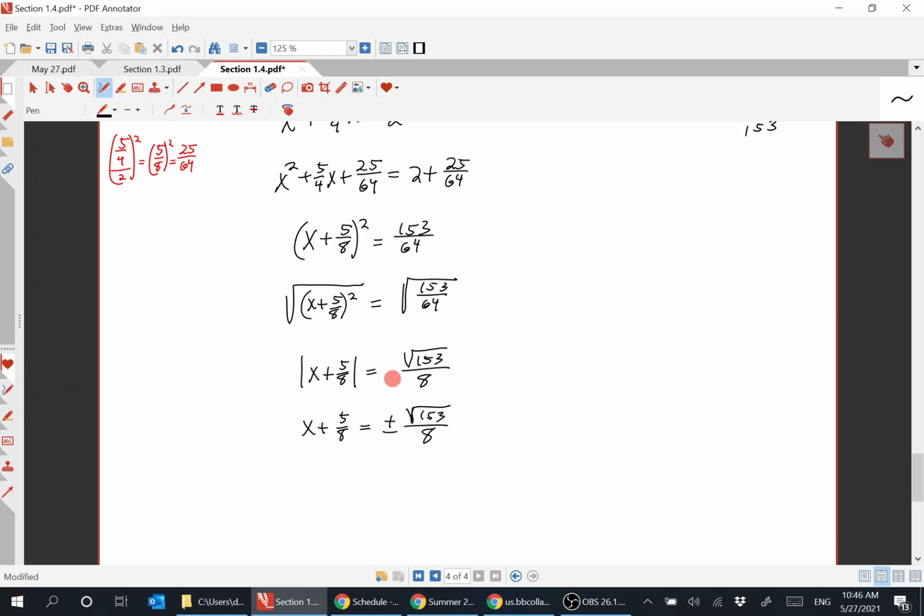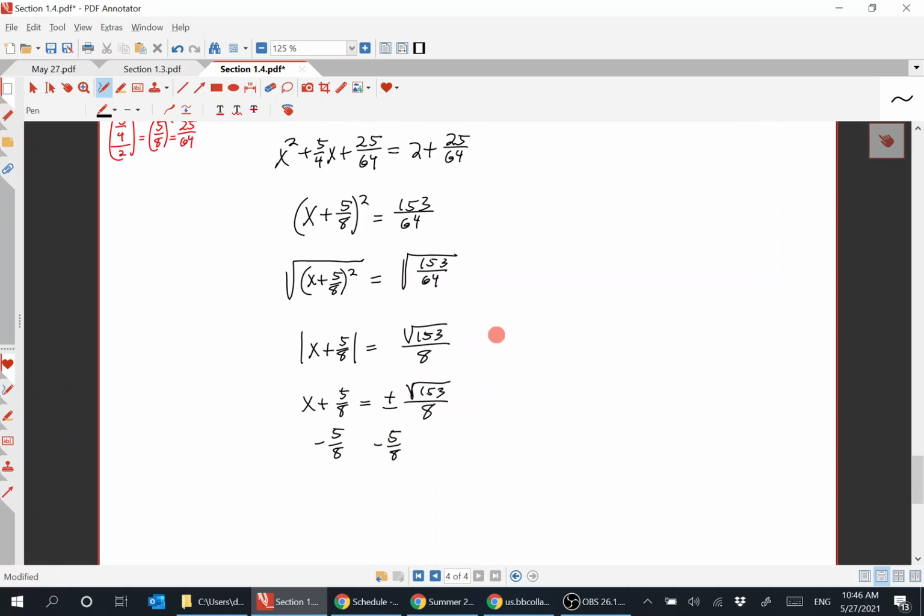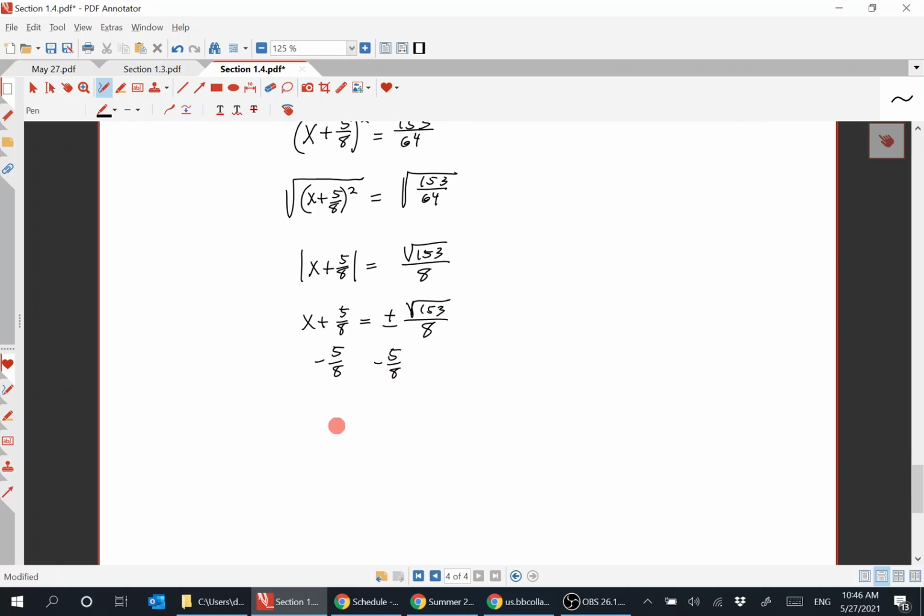This means x plus 5/8 is positive square root 153 over 8 or negative square root 153 over 8. Subtract 5/8 from each side. And so you get x equals minus 5 over 8 plus or minus square root 153 over 8. Not a nice looking solution, and that's why you couldn't factor it, because 153 is not a perfect square.